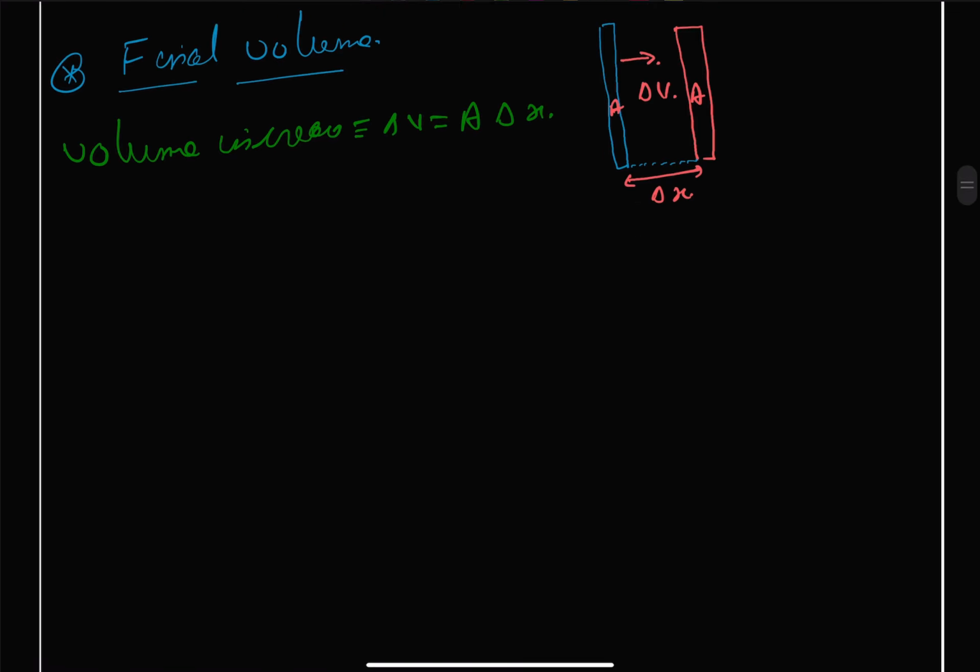So we substitute the values, we get delta V is equal to, area is 8 into 10 to the power minus 3 and delta x is 0.1. This comes as 8 into 10 to the power minus 4.